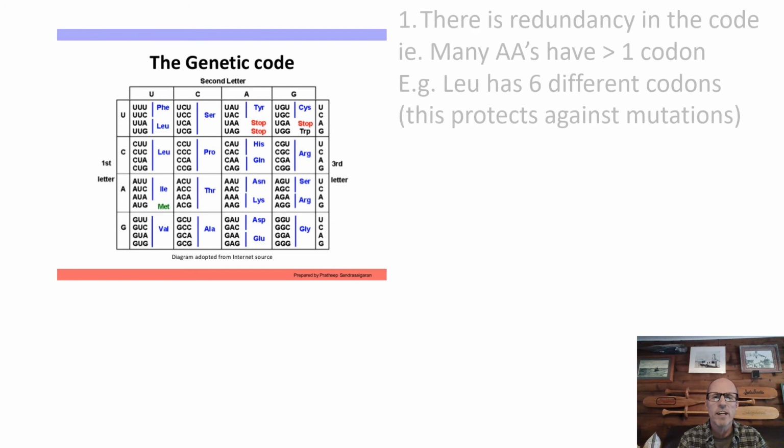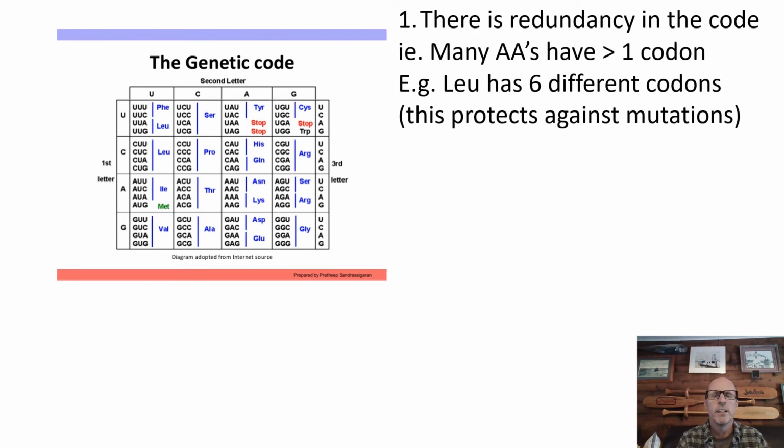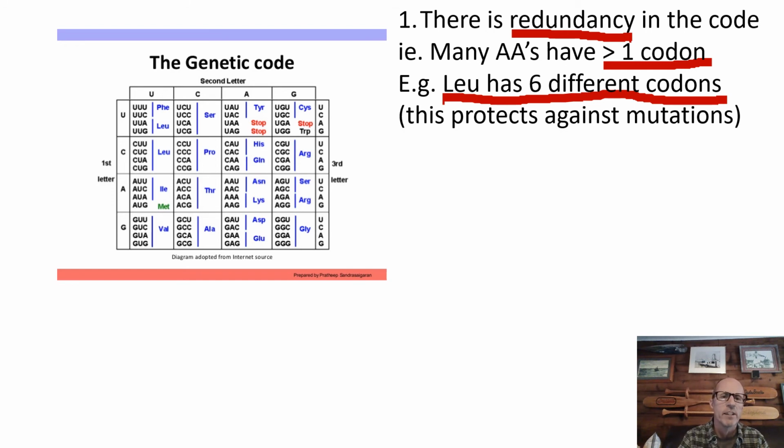Let's look at the genetic code a little more closely. Firstly, there is replication in the code, or redundancy. It turns out that many different amino acids have greater than 1 codon that code for them. If we look at leucine, for example, it has 6 different codons that code for the same amino acid.